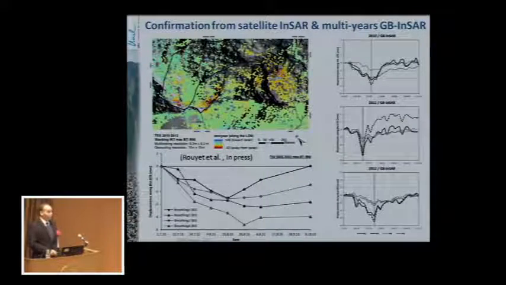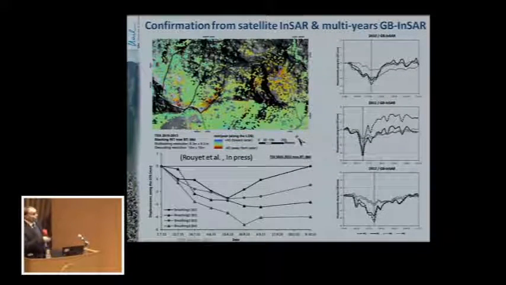And then this was confirmed by radar satellite InSAR that you see again. This means that the rock slope is inflating and deflating, and you see it during the summer doing this.